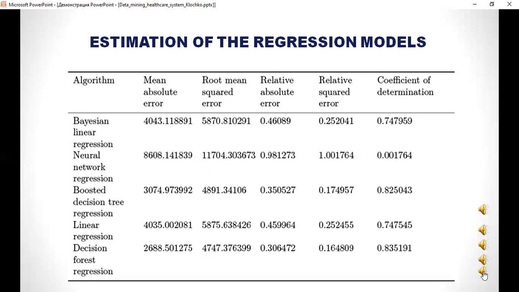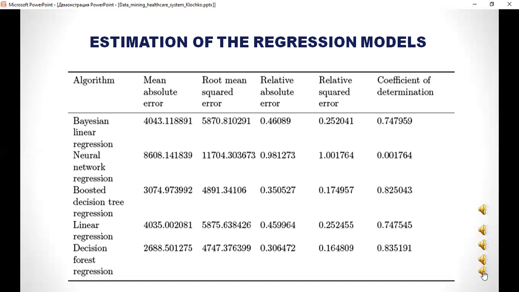The highest value of the coefficient of determination was obtained by testing the model built on the decision forest regression algorithm, at 83.51%, slightly higher than the value of the coefficient of determination obtained by the boosted decision tree regression algorithm, at 82.5%.